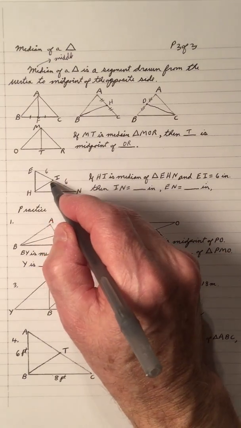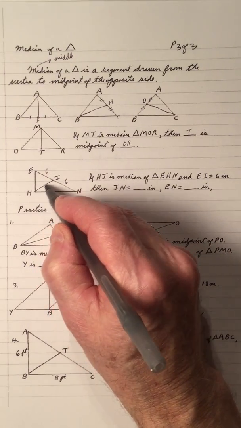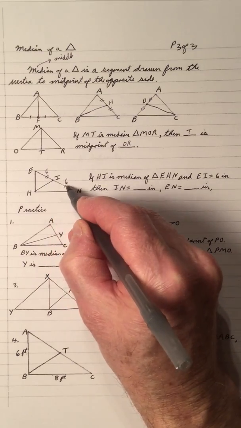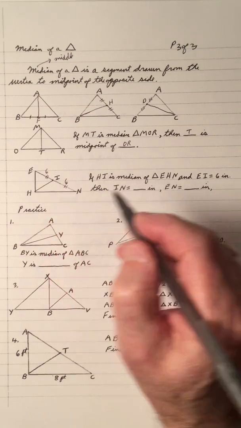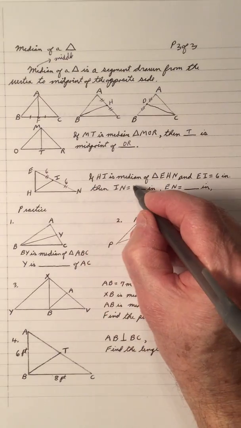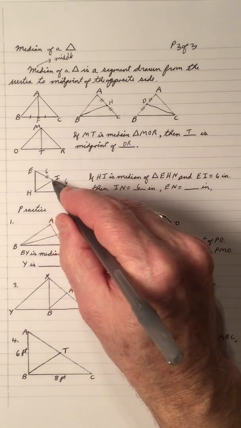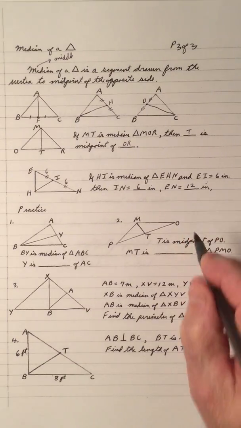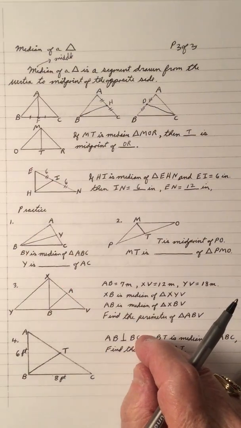If that's a median, leaving here and going to the midpoint, that makes those two segments, IE and IN, equal. So IN is 6 because the two segments are equal because that's a midpoint. And EN is 12 because it's the sum of those two. Or you can double, whatever you want.